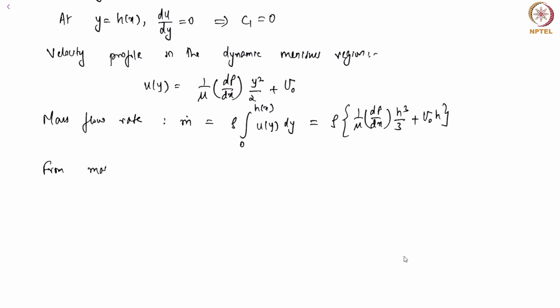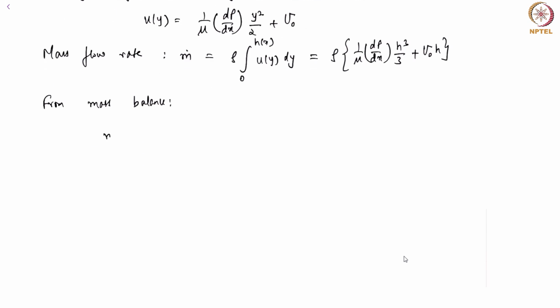From mass balance, which says m dot in the dynamic meniscus should be equal to m dot in the thin film, that is in the coating.